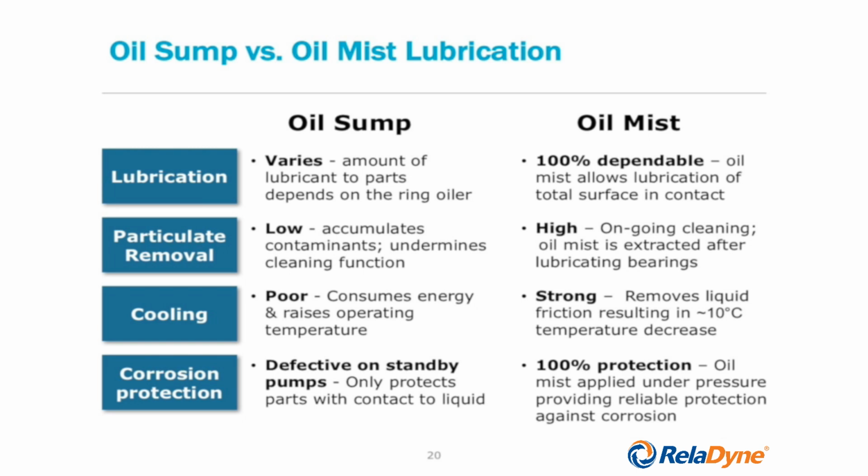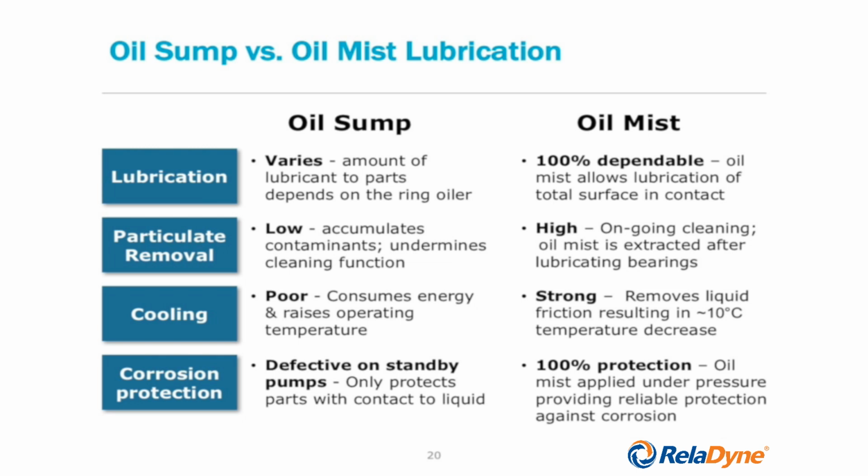With an oil sump, cooling is generally rather poor. It consumes energy, it raises the operating temperature, and we will see in a few minutes on another slide how much the operating temperature can actually be reduced by using oil mist. In fact, in the right column under oil mist and under cooling, we use the word strong.